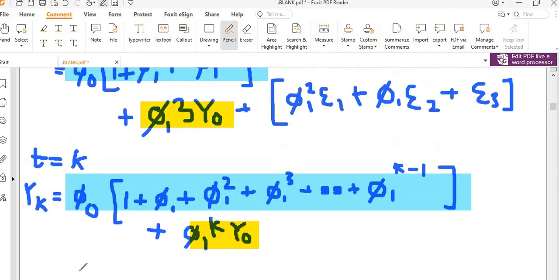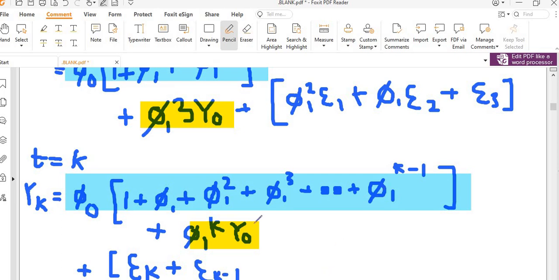Then we have this third term, and what we see is that it starts from the highest number. We can express it in the reverse way. So we have y3 with epsilon 3, so it's going to start from epsilon k, then epsilon k minus 1.